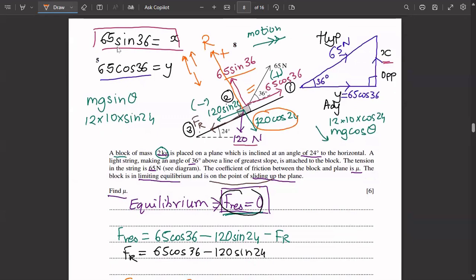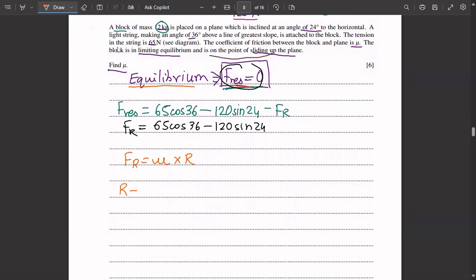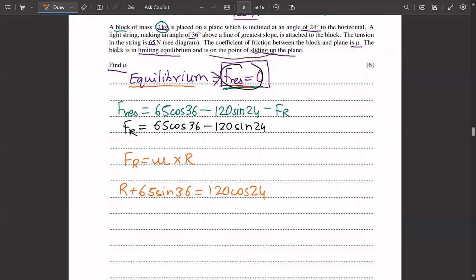Because the system is in equilibrium and the resultant force should be 0. So let me write that down. R plus 65 sin 36 should be equal to 120 cos 24. So R is equal to 120 cos 24 minus 65 sin 36.